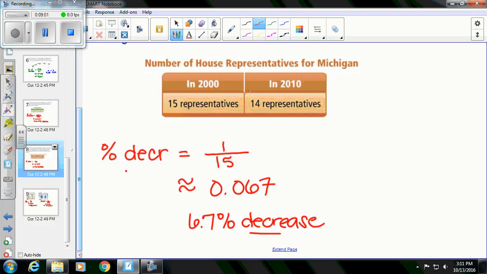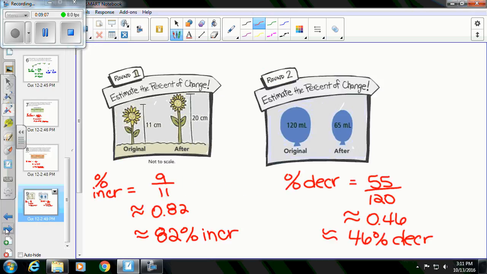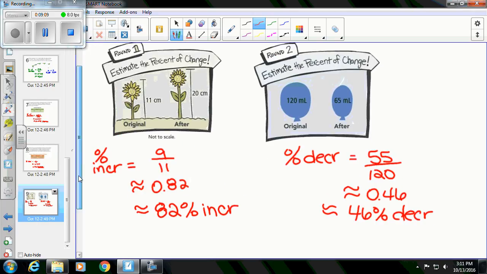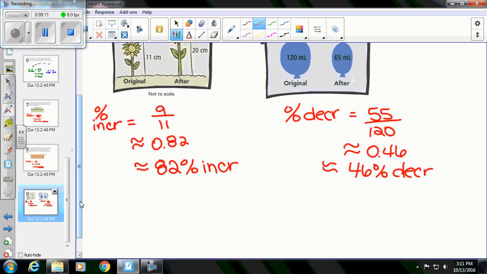And notice every time I always label it, whether it's an increase or a decrease. Just common practice. For the next slide, the first one, the flower grew, and it was an 82% increase. For the second one, the balloon deflated, and it was a 46% decrease in the original size.